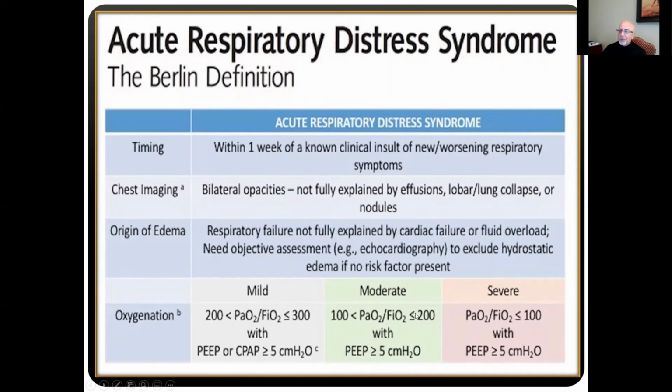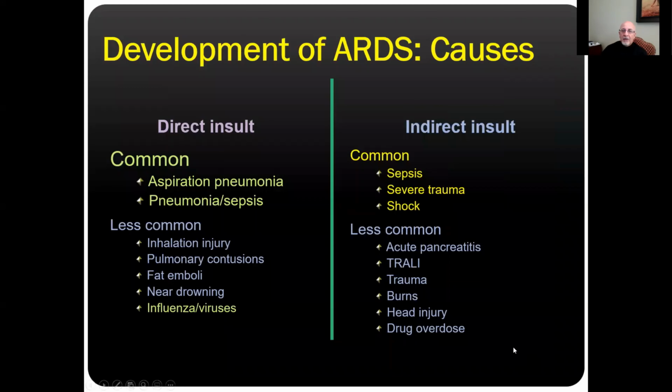Moderate ARDS, based on the PF ratio, is between 100 and 200 with a PEEP of at least 5. Severe ARDS is considered when the patient's PF ratio is less than 100, associated with the PEEP administered at least 5 centimeters.